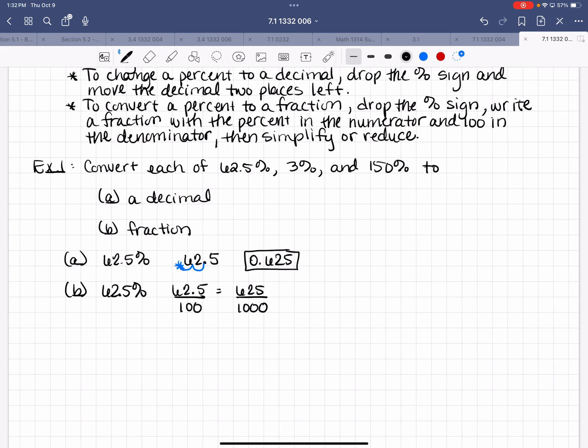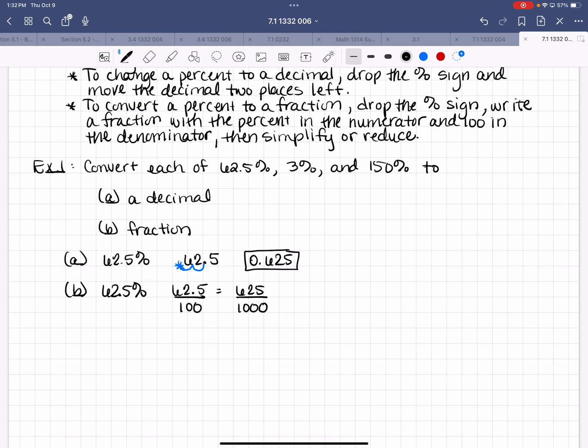Now we're ready to reduce or simplify that. If you do have your multi-view calculator with the wider screen, and yes, this is what I let you borrow when you take a test, I will show you a cool little trick.